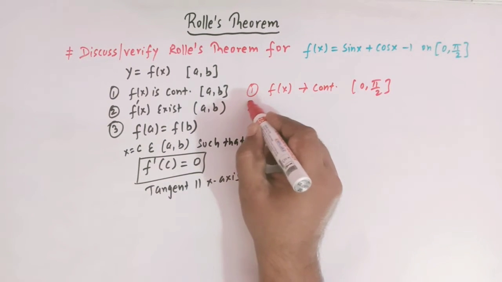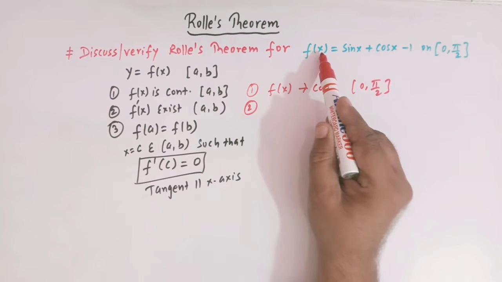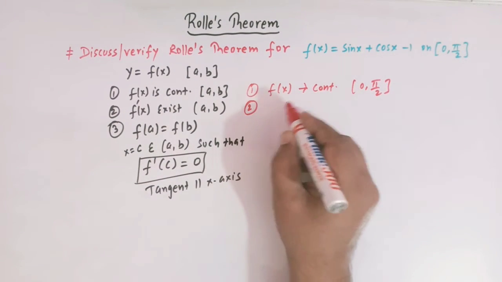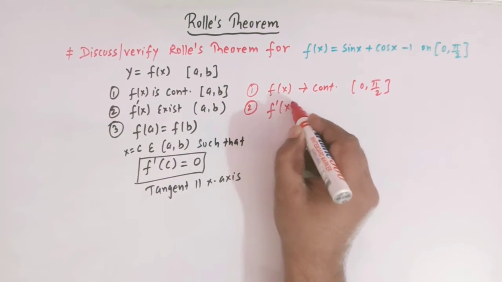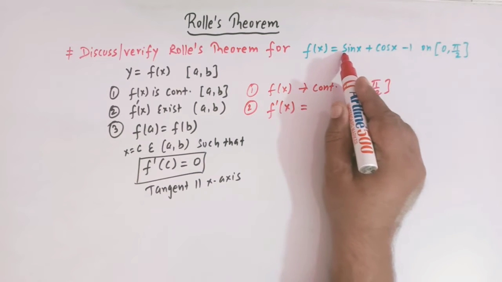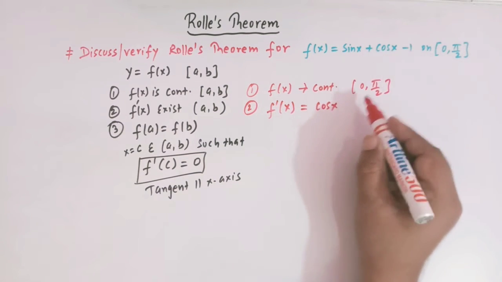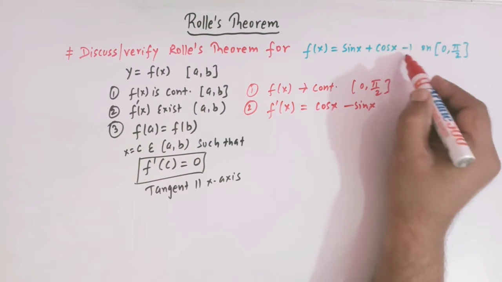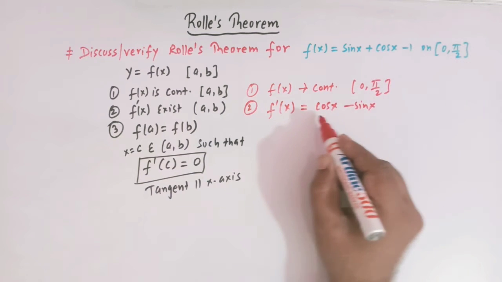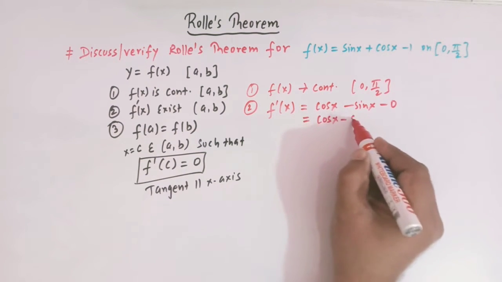The second one is that the derivative of f of x must exist. If we find the derivative, then f prime of x is equal to the derivative of sin x, which is cos x, the derivative of cos x, which is minus sin x, and 1 being a constant, the derivative of 1 is 0. So we have f prime of x equal to cos x minus sin x.